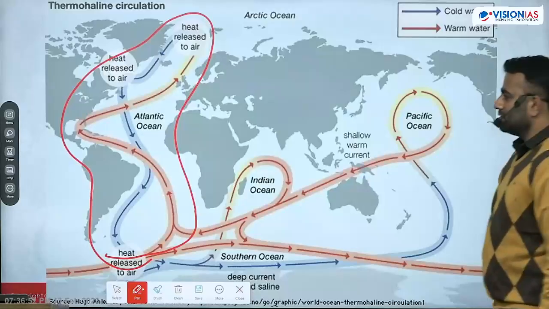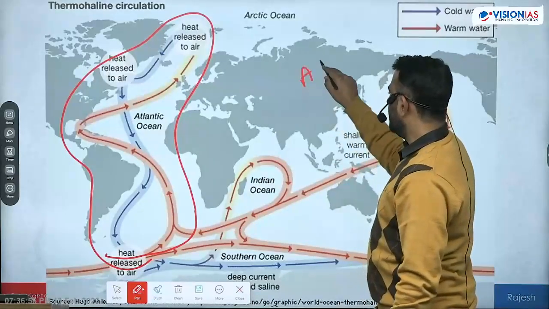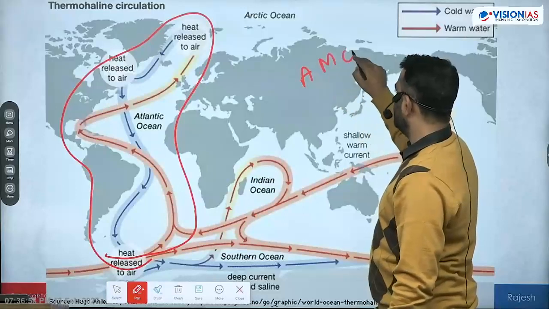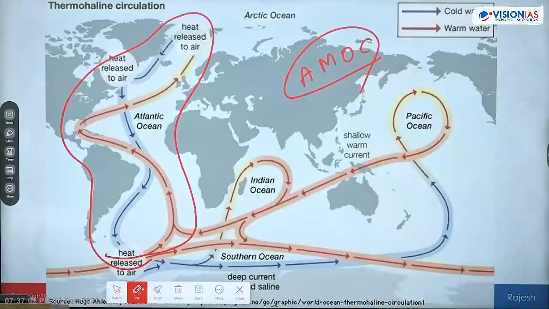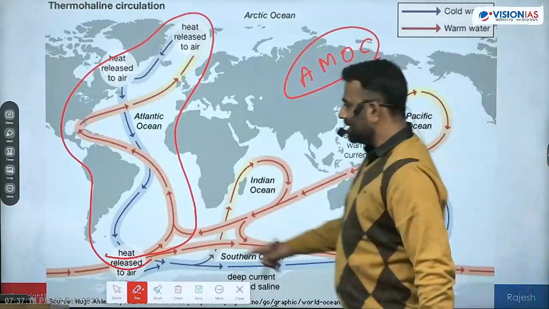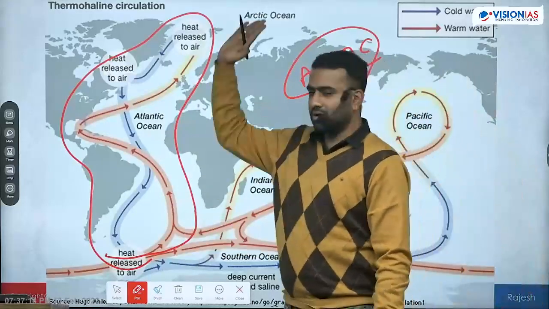This part of the ocean circulation in the Atlantic Ocean is called the Atlantic Meridional Overturning Circulation. Tell me, Atlantic Meridional Overturning Circulation. It is in the Atlantic Ocean. That is why Atlantic, and meridional because it is longitude wise.